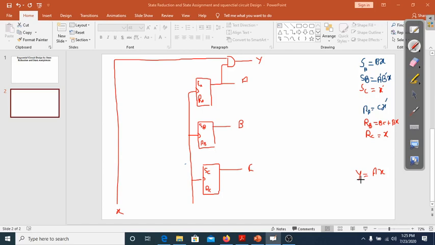Now the flip-flop input SA is equal to B into X, so I will use an AND gate here.